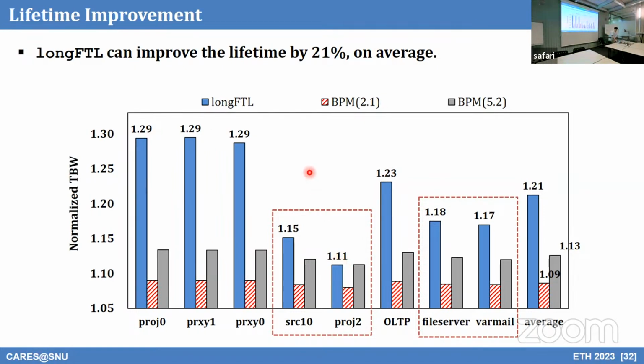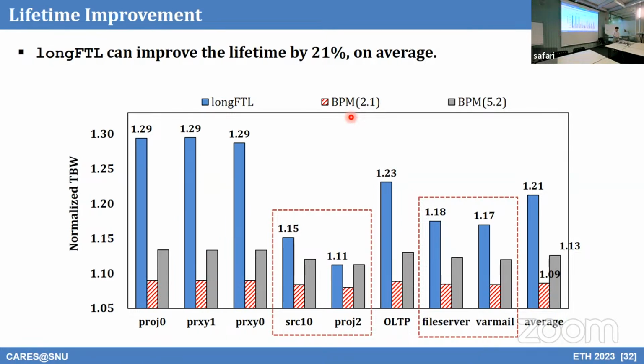The baseline was, okay, I didn't explain here. BPM is, so you may consider, because now there is serious process variability within a single block, you may think a logical solution is, instead of bad block management, to use bad page management. So you find some word lines are not usable anymore, and you can just exclude those pages out of that particular block.